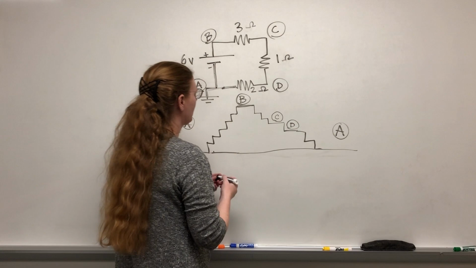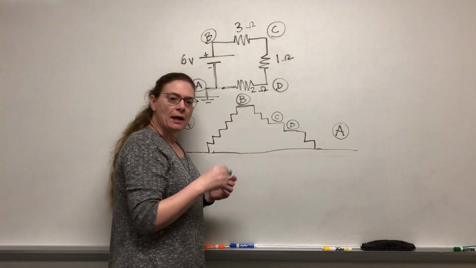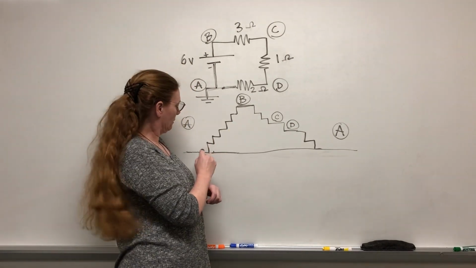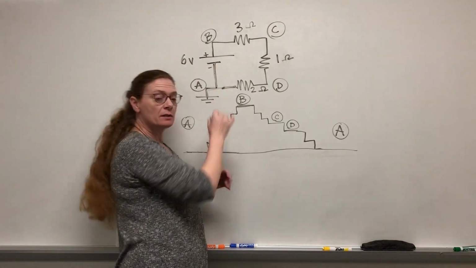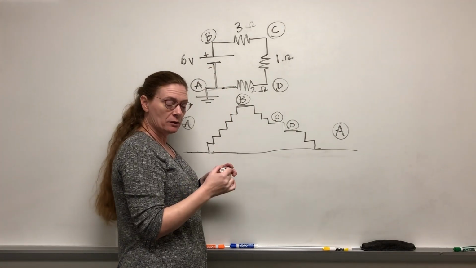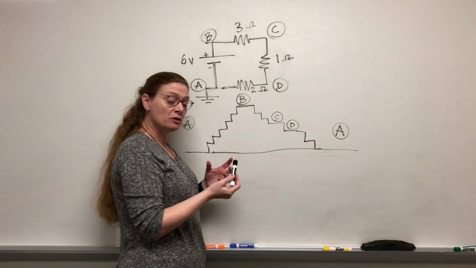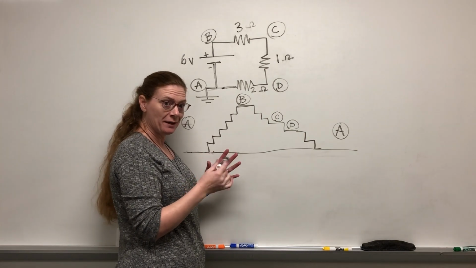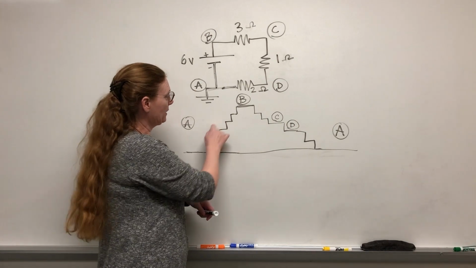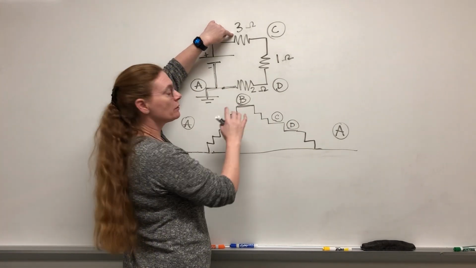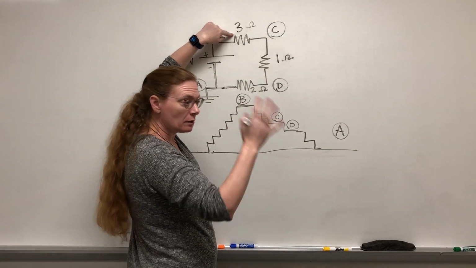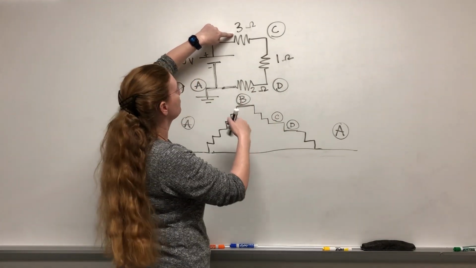There we go. So, as I go around the circuit, I start here at ground level. I go up 6 volts in potential, a change in voltage. So up 6. Now I'm here, and resistors reduce. They take away the energy. They lower the potential.